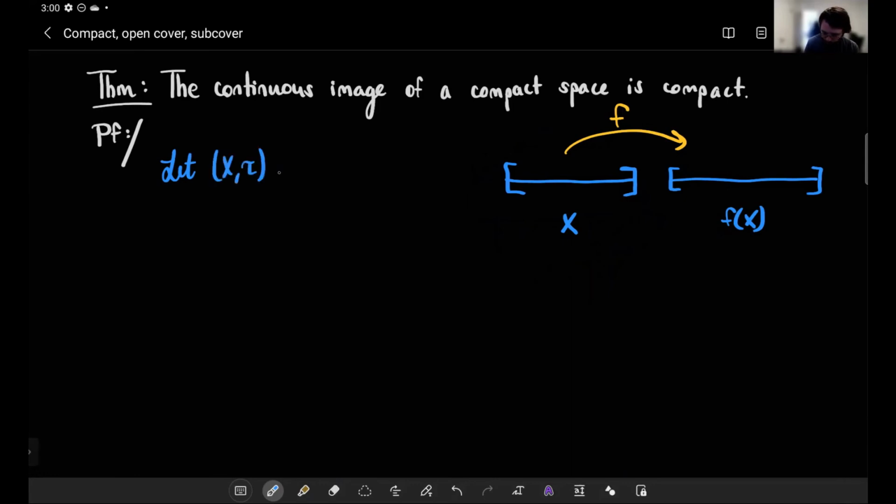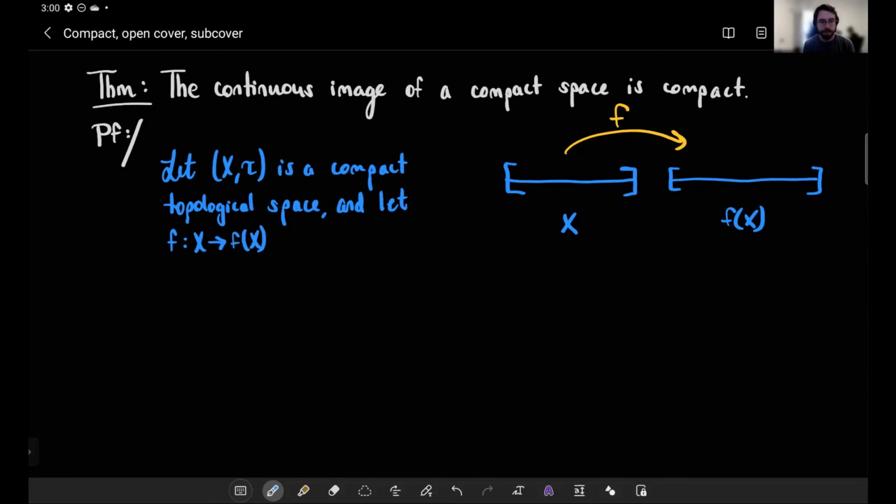Let's say we have some compact topological space. And we'll assume F is continuous. So we'll say F from X to its image.